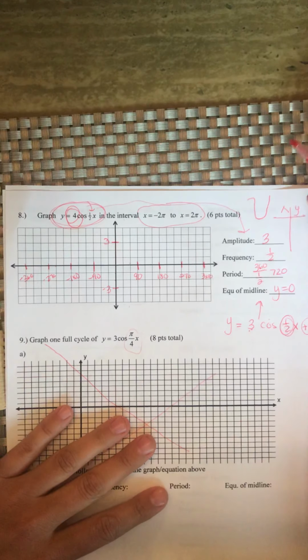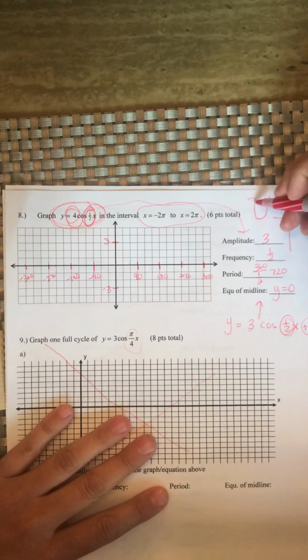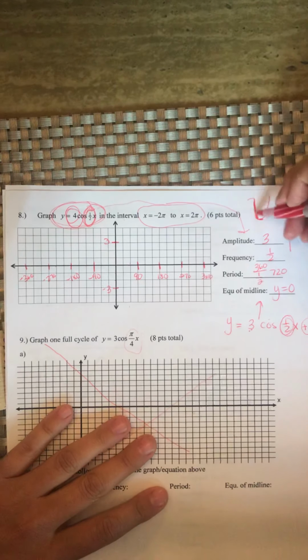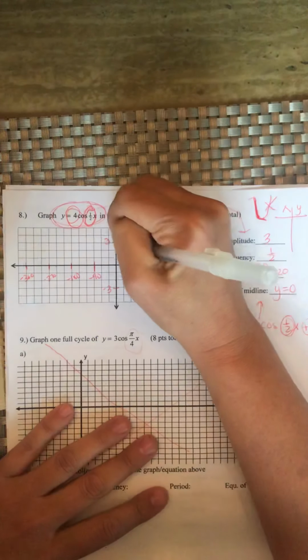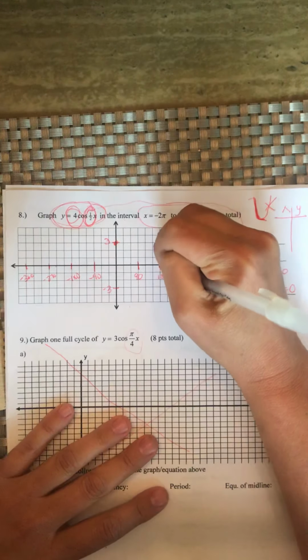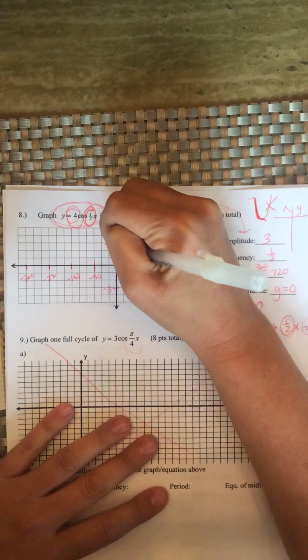Now, I just want you to realize that you're only sketching half. So you're only going to see this right here. You're not going to see this right there. So you're going to start at the amplitude. It's going to go to 0, negative 3.